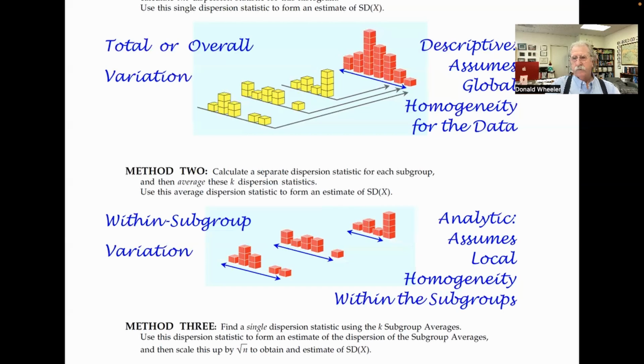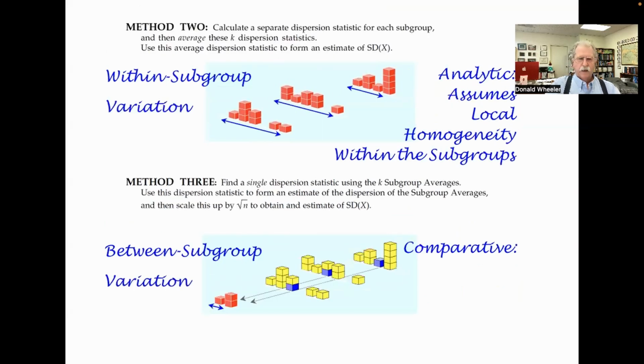Method 3 is the between subgroup variation. It uses the subgroup averages and looks at how much they differ from each other, so it's between subgroup. And method 3 is generally comparative. We usually compute method 3 in order to compare it with method 2.